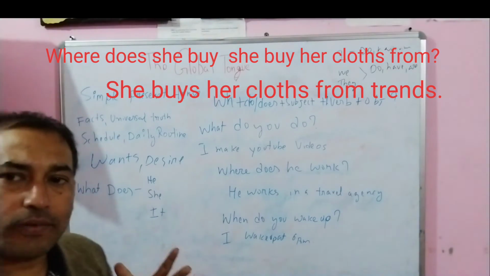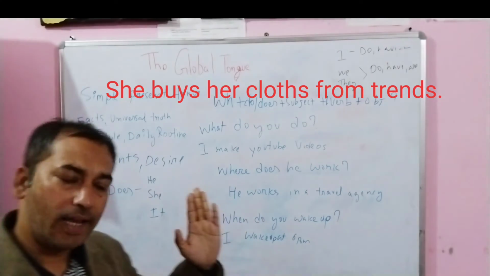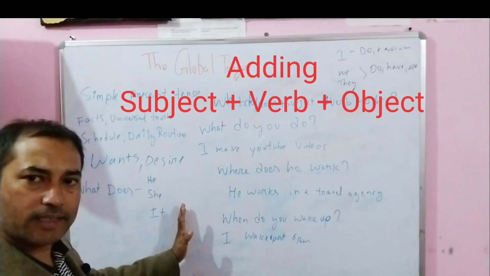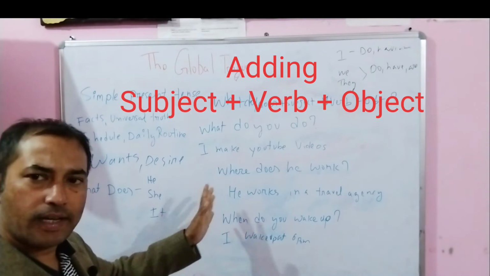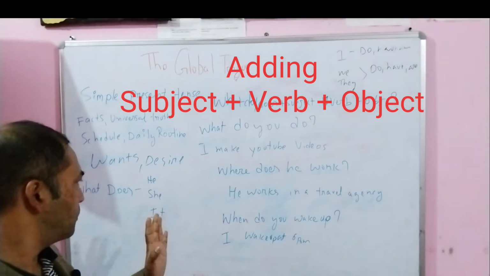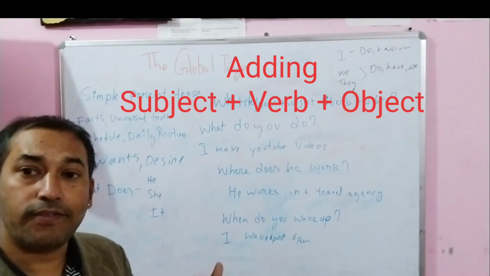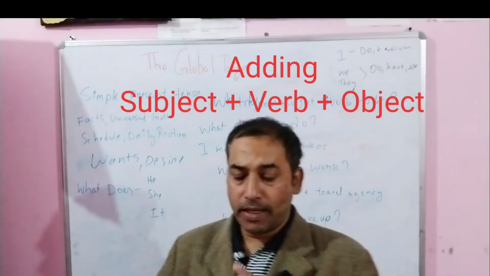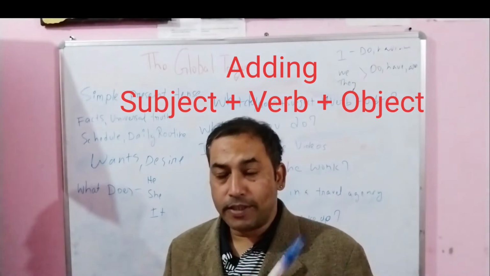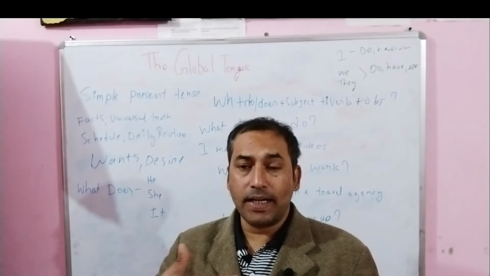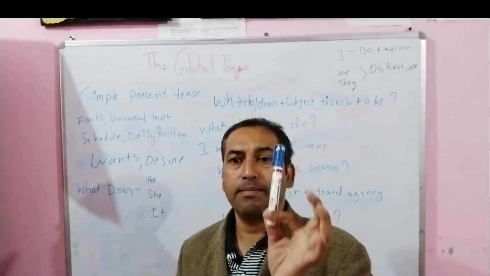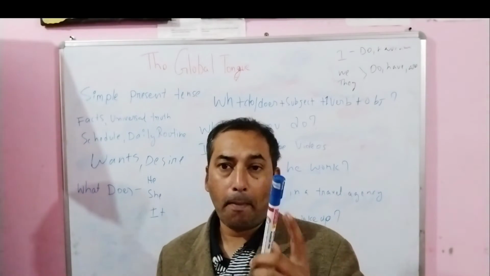So what we are doing here is simply using the formula, adding our subjects, our verbs and objects, that's all. First of all we need to identify our subject. If I talk about this ink marker, the subject is marker.